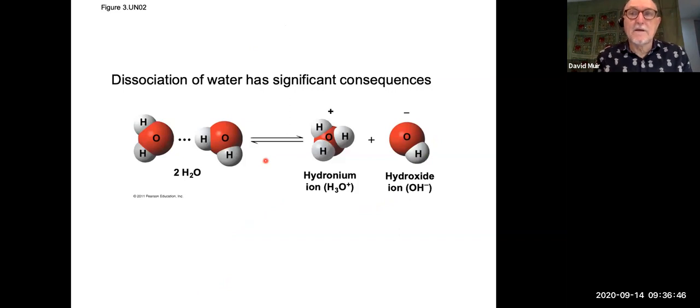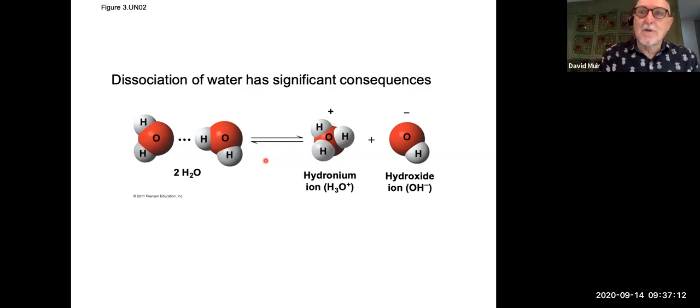There is another property of water which we have to take account of, and that is water's ability to actually form ions of its own. The water molecule can, in fact, split apart. This is overall not a large fraction of the total number of water molecules we have.